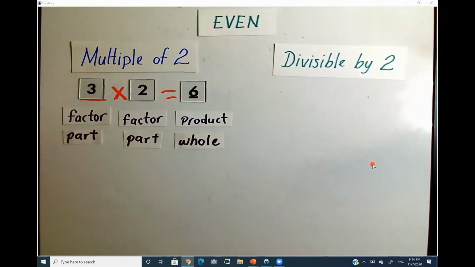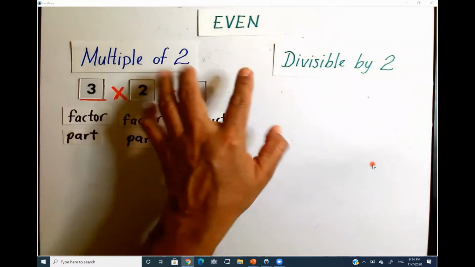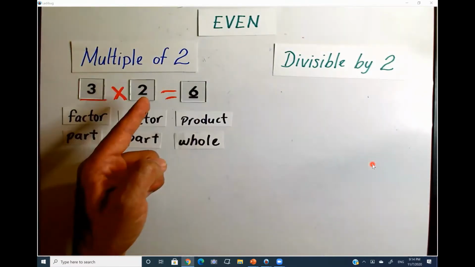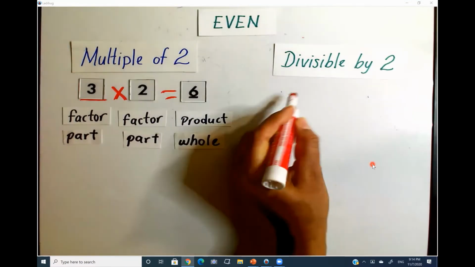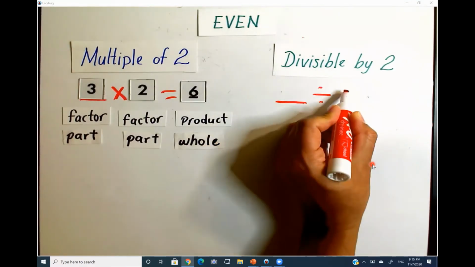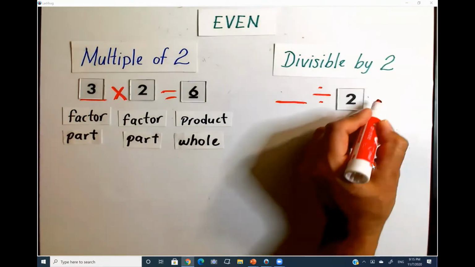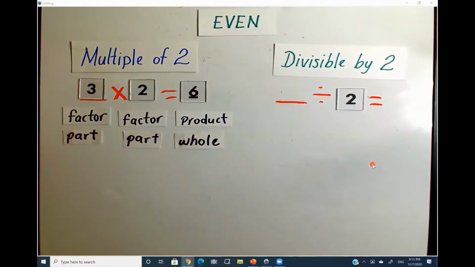So let's prove that. If we remember, division and multiplication are opposite, and they do related factors. So I can tell that any number divided by 2, if you can divide it exactly with no remainder at all, is going to be an even number.